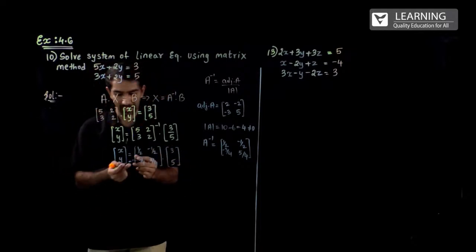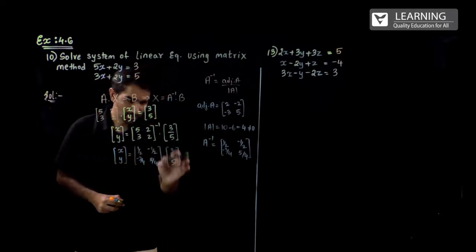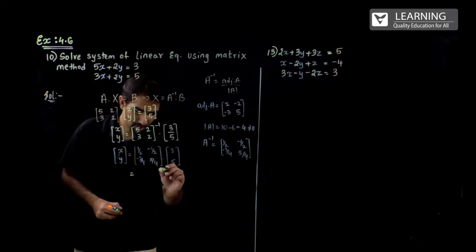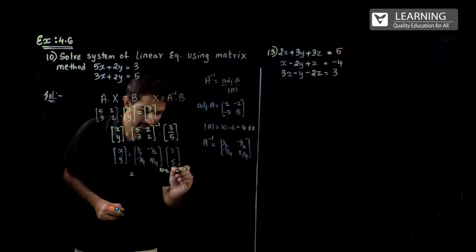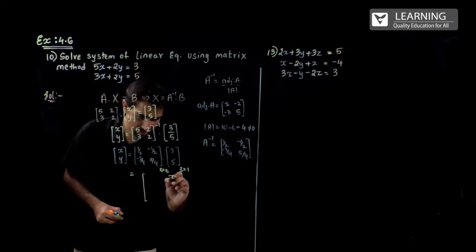Now matrix multiply this. What will you be getting? First row into first column, second row into second column. Okay. So this is 2 cross 2 and this is 2 cross 1. So we can matrix multiply. See, these both are same. What would be the order of the product? 2 cross 1. So we'll write 2 cross 1 like this.